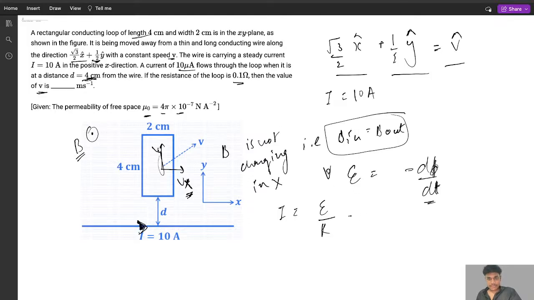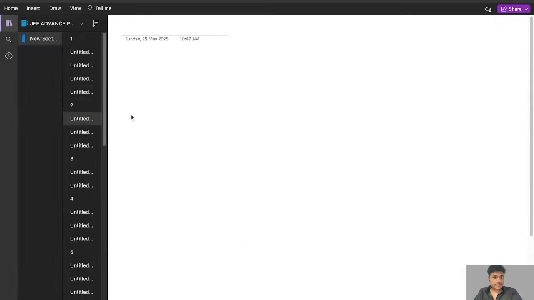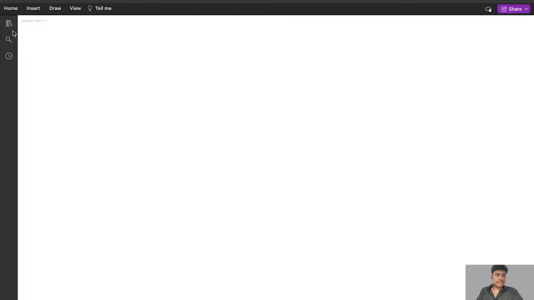So from here we get what is our phi. Phi is B into A, inside this, how much field is inside this. So from here we get, by differentiating this, let me move to the next page.